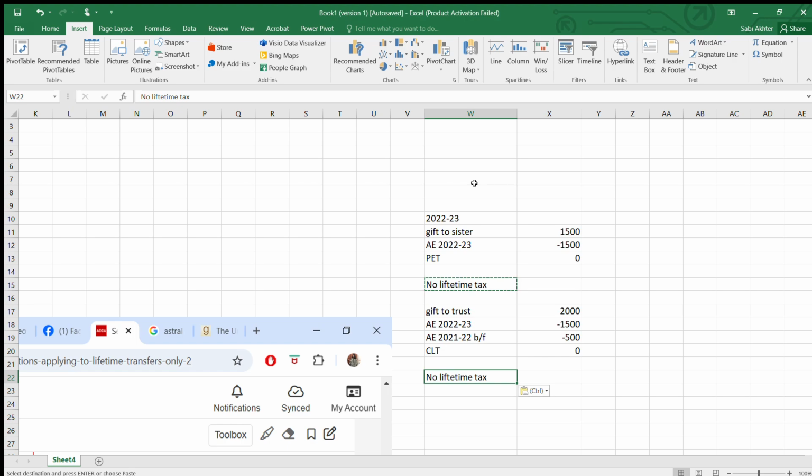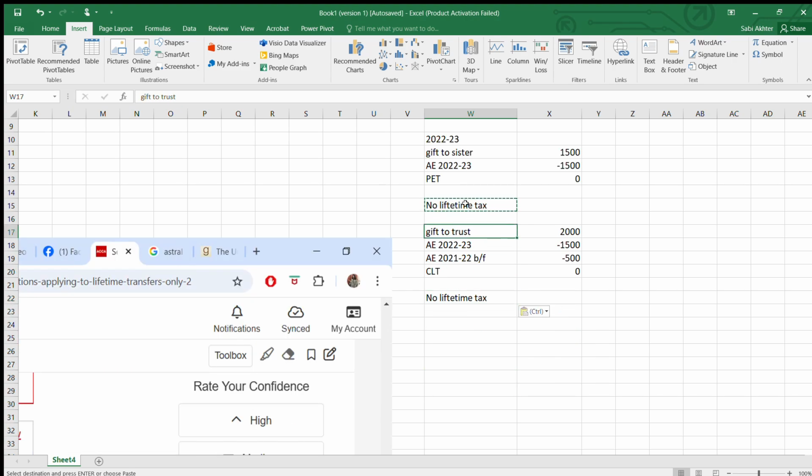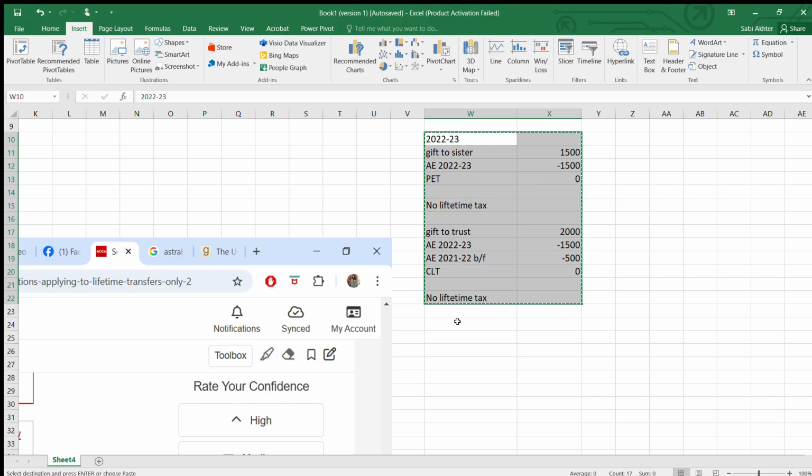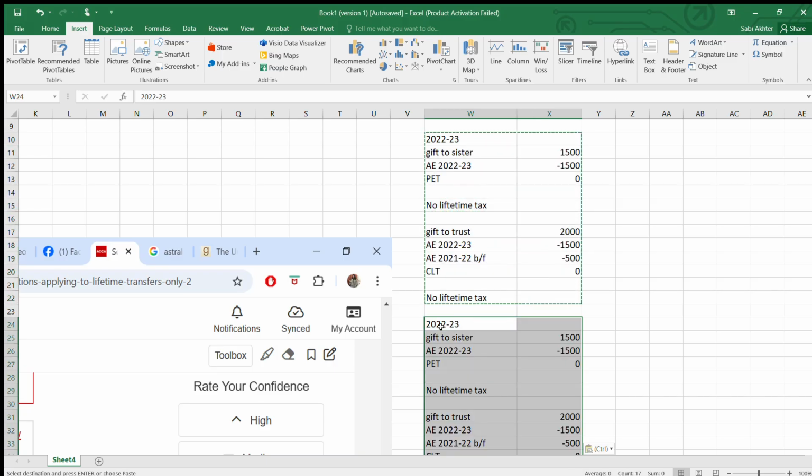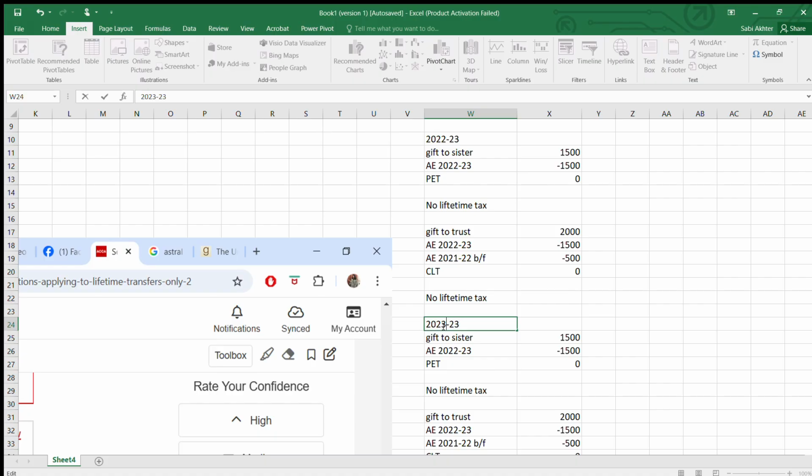Now moving on to the next tax year. I will just copy paste and change the year, 2023-24. Okay, gift to son. Gift to son is also a PET. How much? 240.